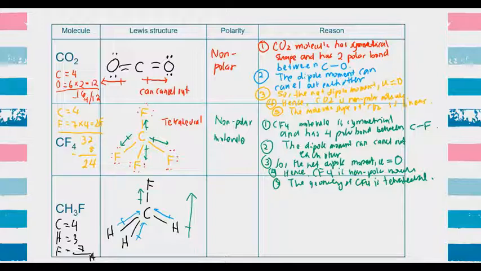So, bila adanya terminal atom yang berbeza macam ni, even though dia adalah basic shape, dia boleh jadi polar molecule. So, this one adalah polar molecule. Okay, so even though dia basic shape, tetapi dipole moment dia cannot cancel out each other. So, the net dipole moment tak sama dengan kosong. Therefore, CH3F adalah polar molecule. Even though the geometry is tetrahedral. Okay.